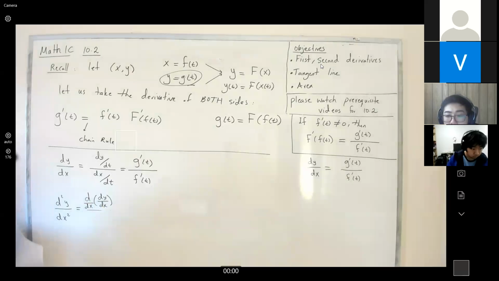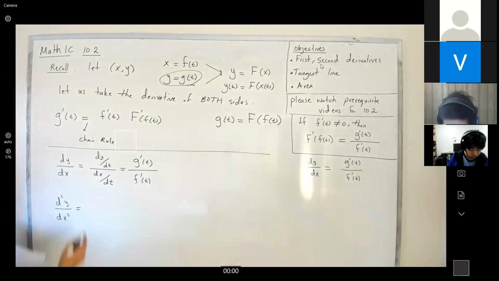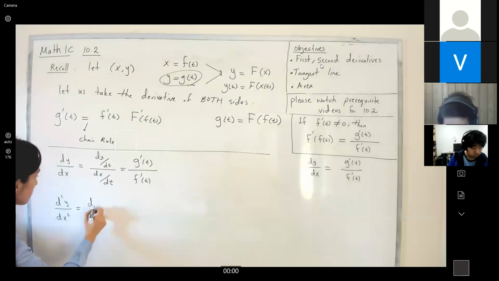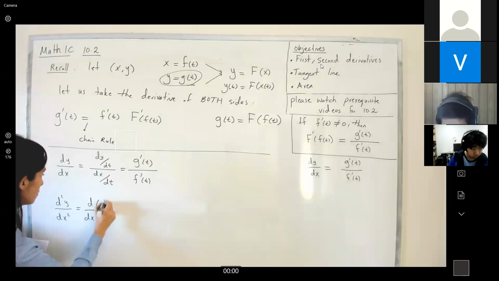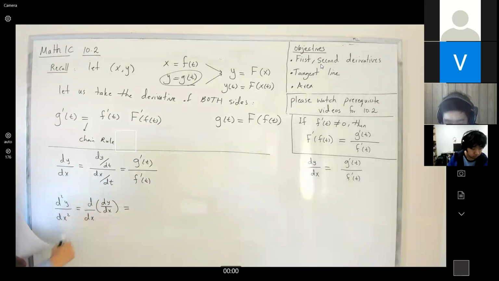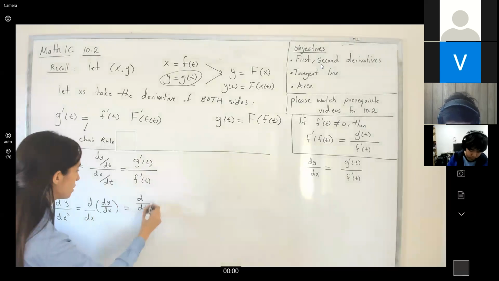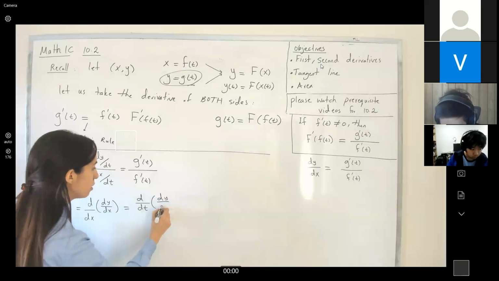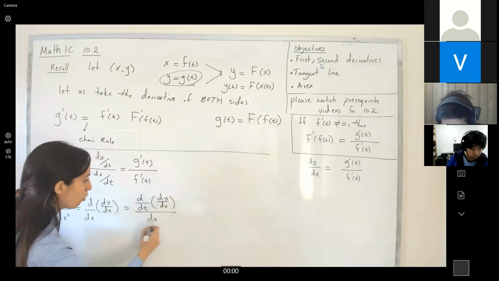This is my formula. Then I show you how to use dt. I'm going to divide these two by dt. So I get d over dt of dy over dx, divided by dx over dt.